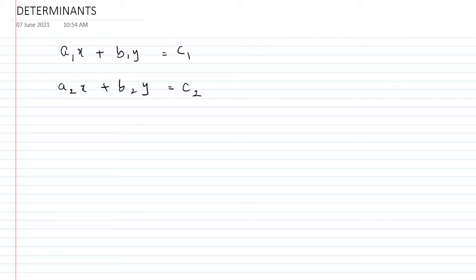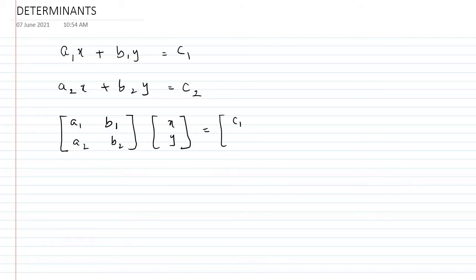As we know, this pair of linear equations can be expressed in the form of a matrix: a1 b1 a2 b2 multiplied by the matrix x y. The resultant is the matrix c1 c2.